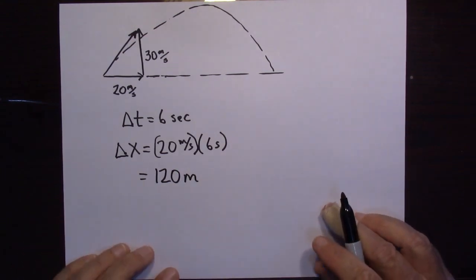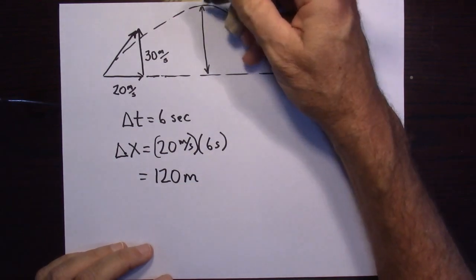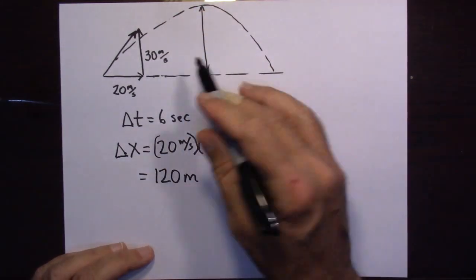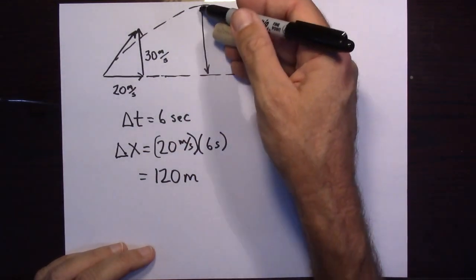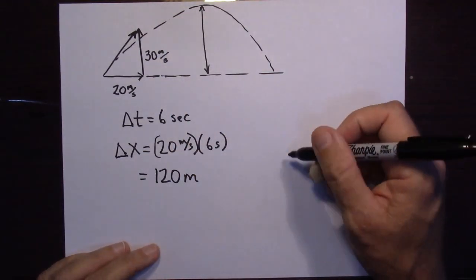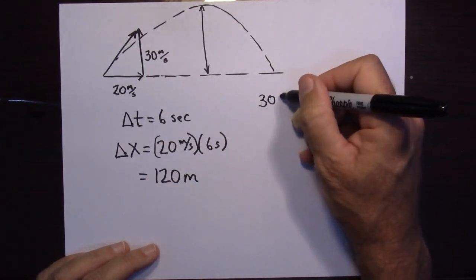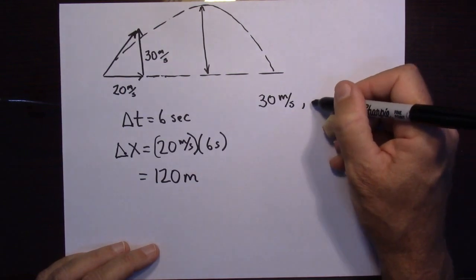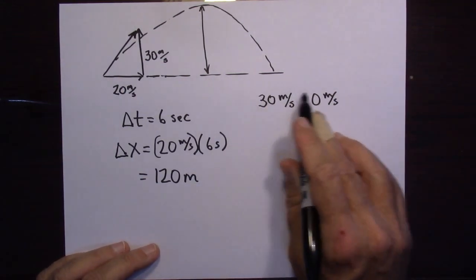How high up will it go? Okay, for this distance, I'm going to use the y component. If I fire something up at 30 meters per second, that will match the same height as this projectile. The average speed is going from 30 meters per second to 0 meters per second in the y direction. This is your initial and your final speed.